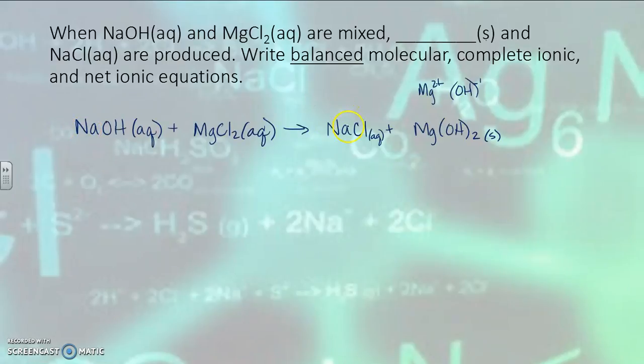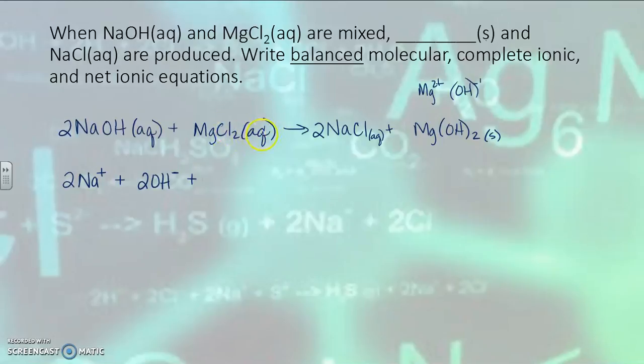All right, so 1 Na, 1 Na, 1 OH, 2 OHs. So we've got to put a 2 here, which then we have to put a 2 here. And now we're balanced. Yay! Okay, so balanced molecular. Complete ionic equation. We come through and we take anything that has an (aq) after it and we break it apart. So this is going to break apart into 2 sodiums with a positive charge and 2 hydroxides with a negative charge.